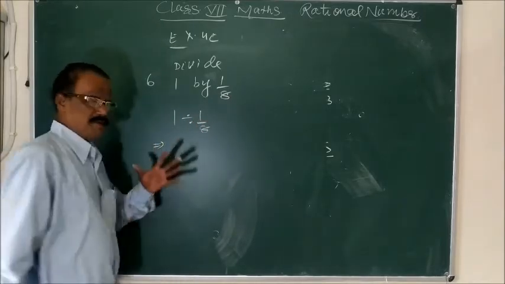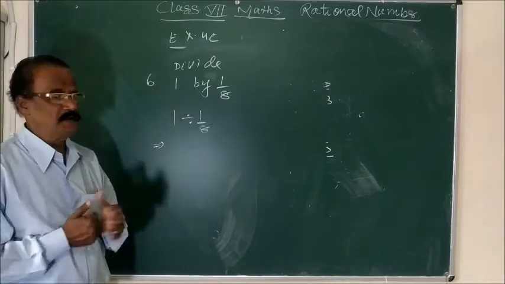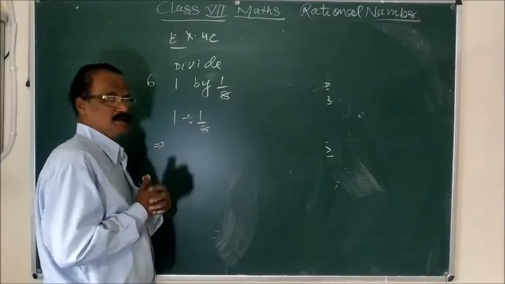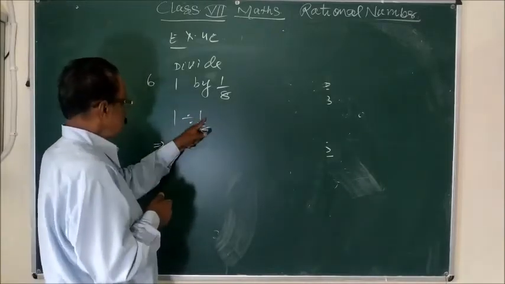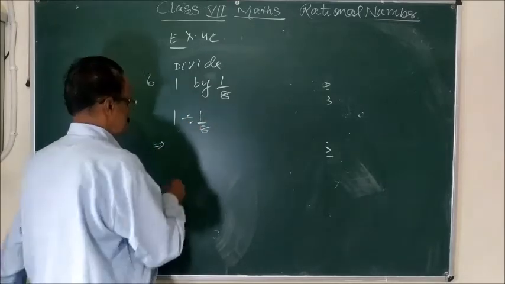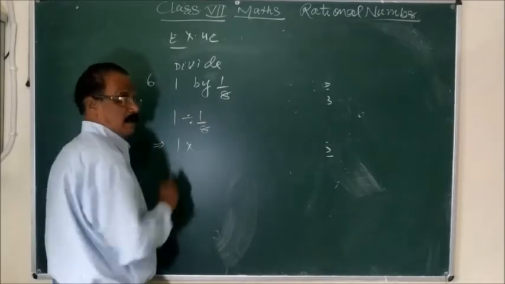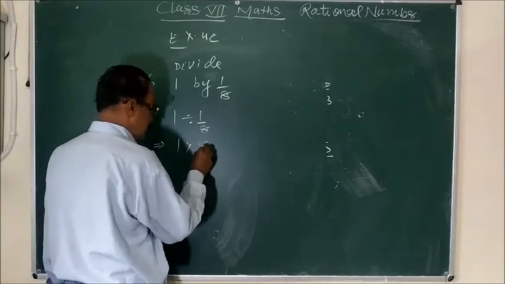Here, in case of division, we convert this sign, the division, into product, and this rational number is replaced by its reciprocal. So 1 into, what is the reciprocal of 1 by 8? 8 by 1.